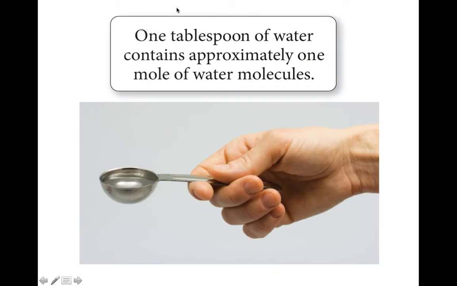What is 1 mole of water molecules? It's about 1 tablespoon. So we can say 1 tablespoon of water, and in terms of moles, that becomes a very manageable number. This is about where we live. We live in a tablespoon or a gallon or 20 gallons.